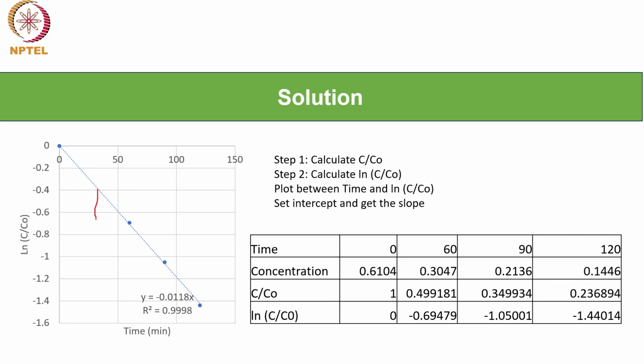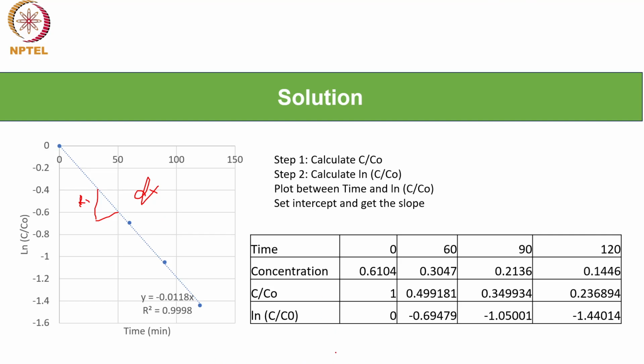So for this line, what is dy by dx? It is basically the approximate distance here in the y-axis divided by the distance here. That will be your slope. If you plot it in Excel, it will directly show the slope.